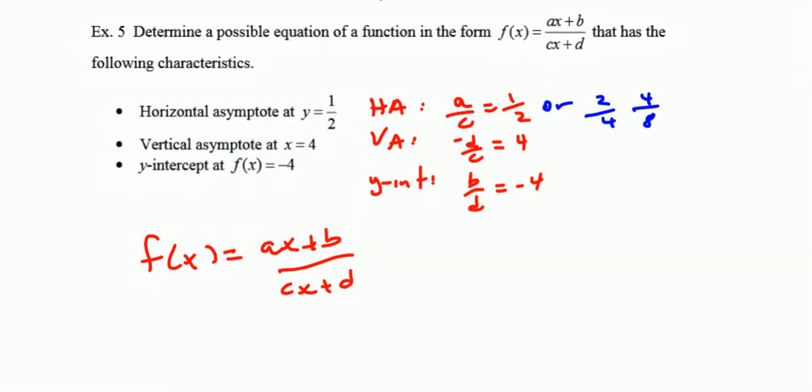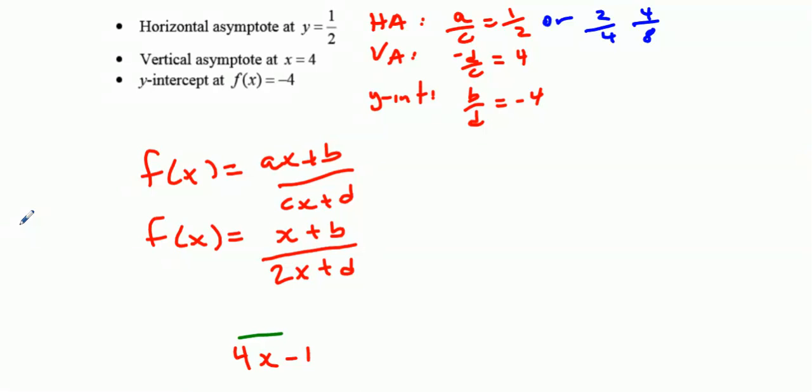So we'll put that in. So we've got f of x equals 1 times x plus b over 2x plus d. So far I've got that the coefficients of my x's is a half. So far, so good.